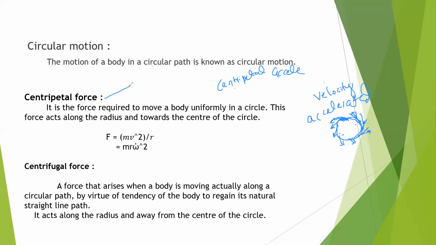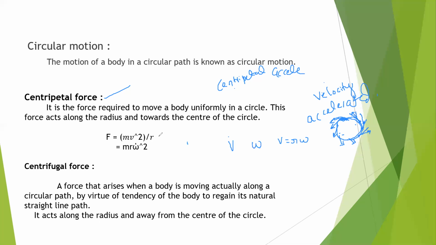One point we know from the previous chapter is the relation between the linear velocity v and the angular velocity omega. I hope you know that the relation is v equals r into omega.